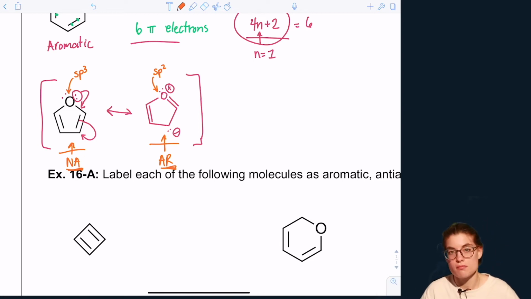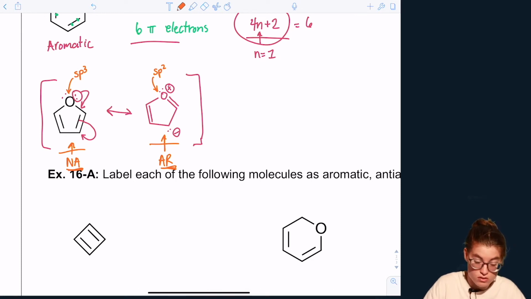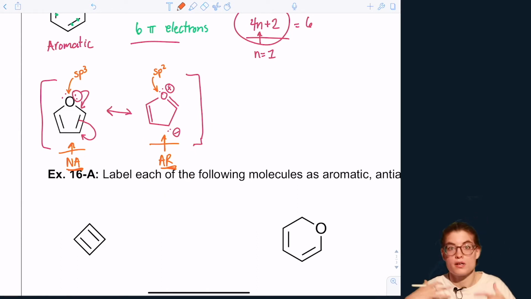Well, it's more stable for the molecule to be aromatic, so this oxygen would choose to be the more stable version of itself. And so this oxygen would end up being sp2 hybridized so that the molecule as a whole could be aromatic.